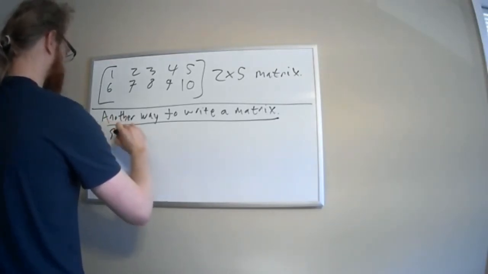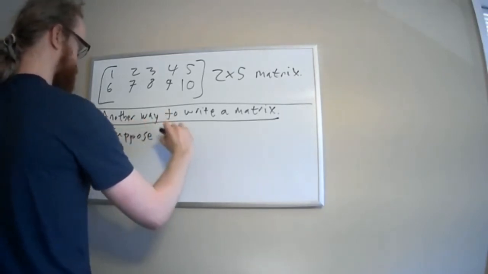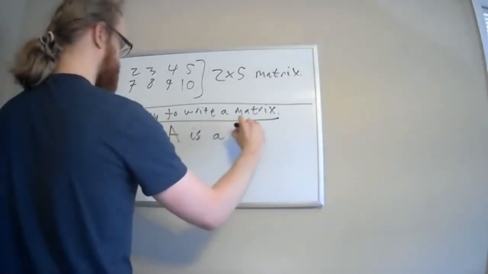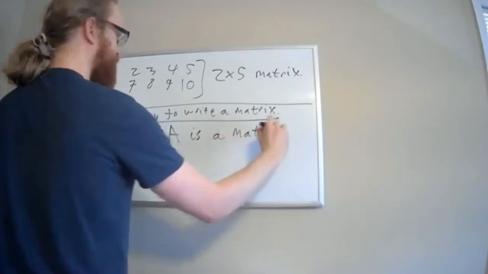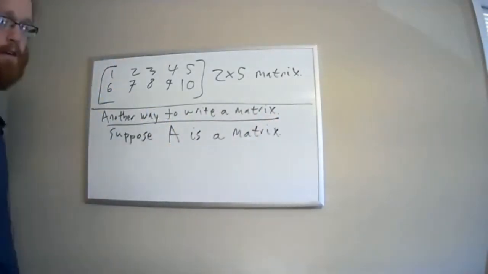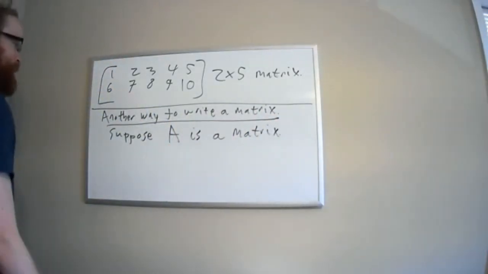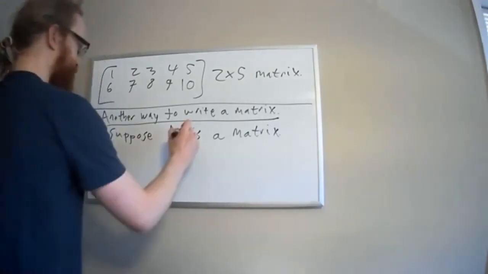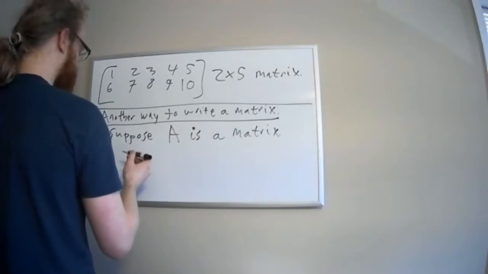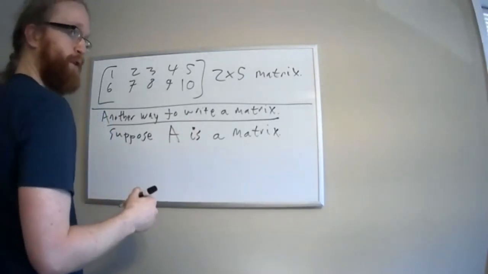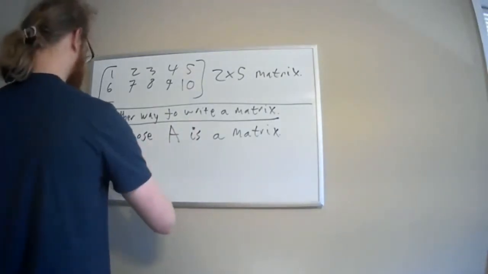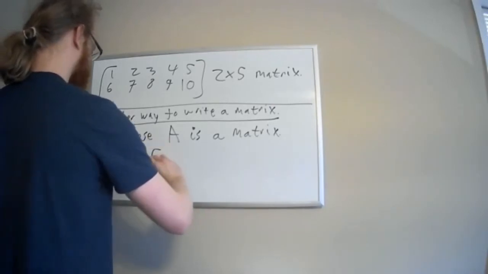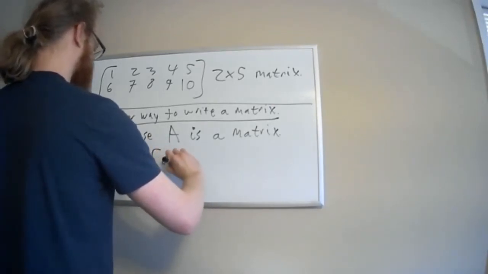Suppose A is a matrix. So I have some matrix, and I'm just going to call it A. A is its name. That's all I know. It's some matrix. Then I can write the following. A equals [a_ij].